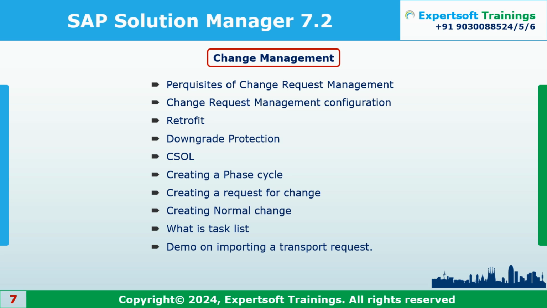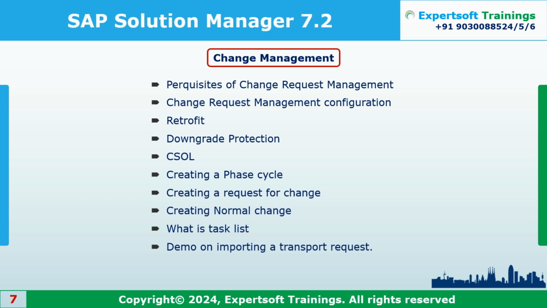Then we have change management. In change management, we will be seeing what the prerequisites of implementing change request management are, how to perform the configuration, what is retrofit, what is DGP, what is CSOL, cross system object lock. All these things we will be seeing. Then once we are done with this configuration, we will be creating a phase cycle.